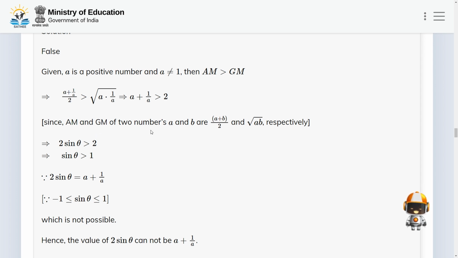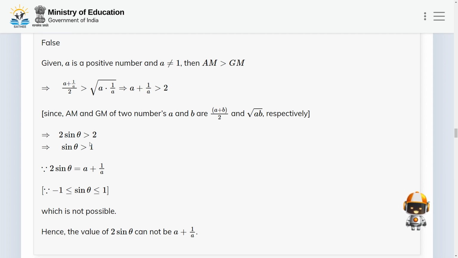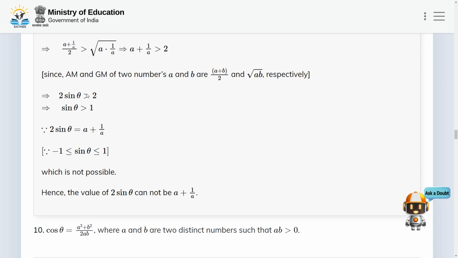Since AM and GM of two numbers a and b are (a plus b) by 2 and square root of ab respectively, that is why we get this relation a plus 1 by a is greater than 2, and it implies 2 sine theta is greater than 2, and it implies sine theta is greater than 1.